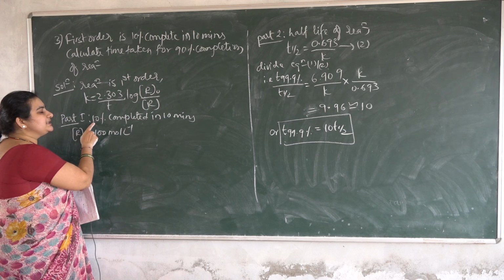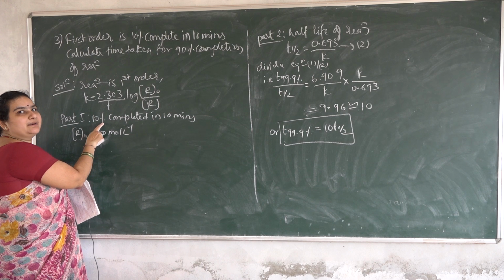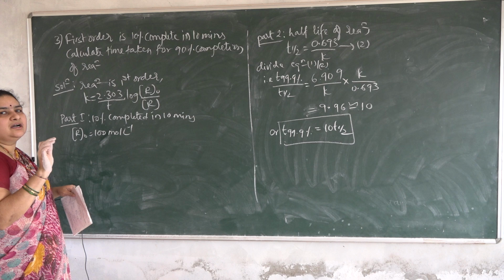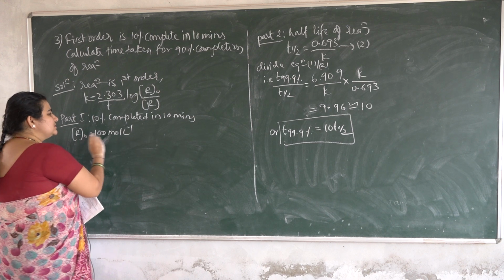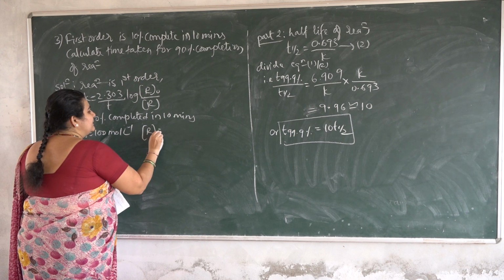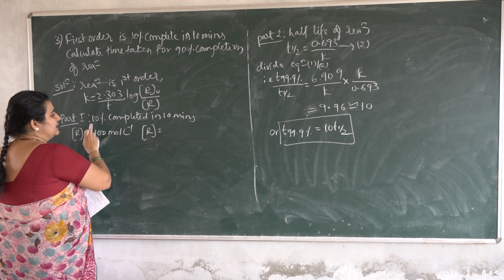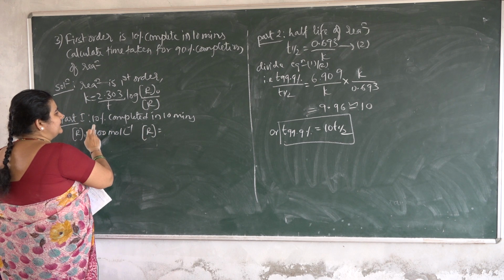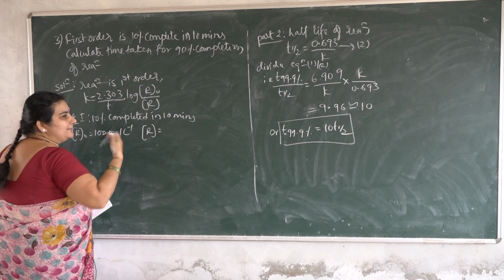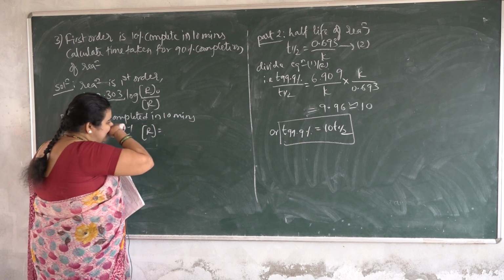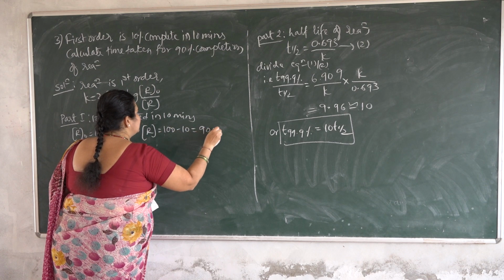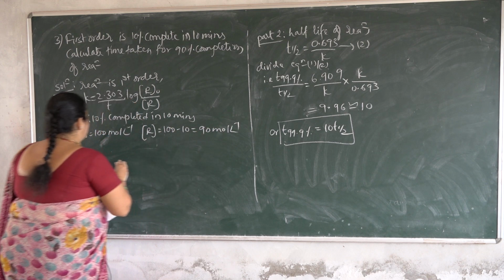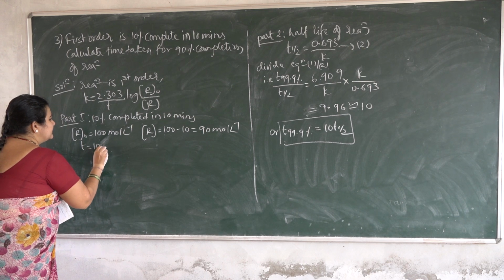Here in the problem it is given as 10%. Percent always means it is on a 100 value. So R0 will be 100. R: 10% is already completed, so remaining will be 100 minus 10 is equal to 90 moles per liter. And time T is equal to 10 minutes.